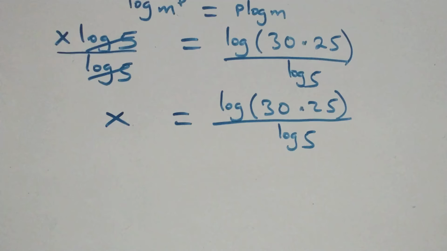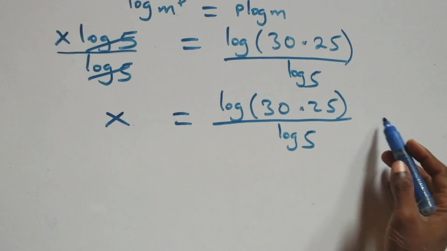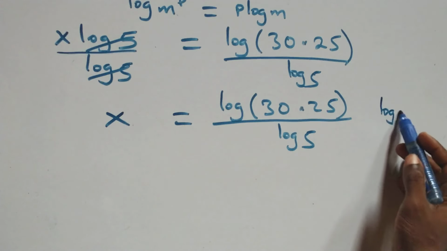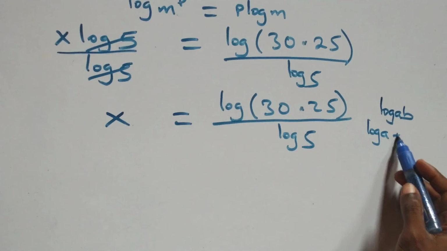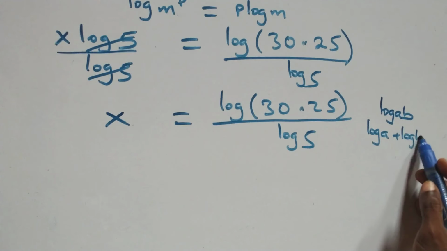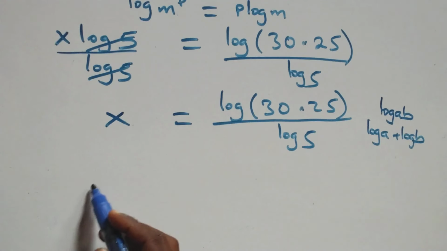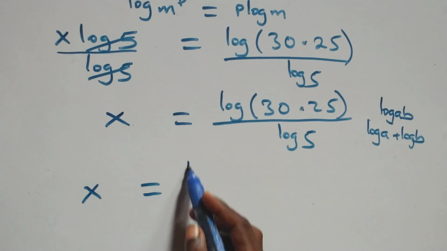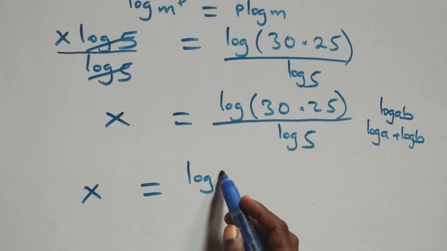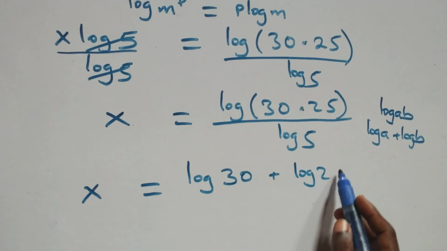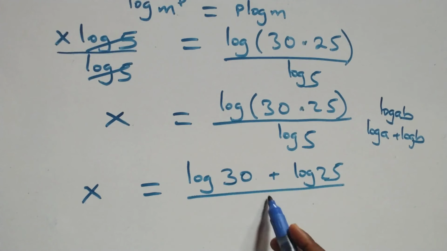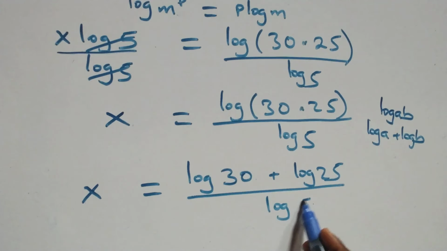Then here this follows the law of logarithm. When we have log a times b, it is the same thing as log a plus log b. As this, here we have x equals log 30 plus log 25 over log 5.